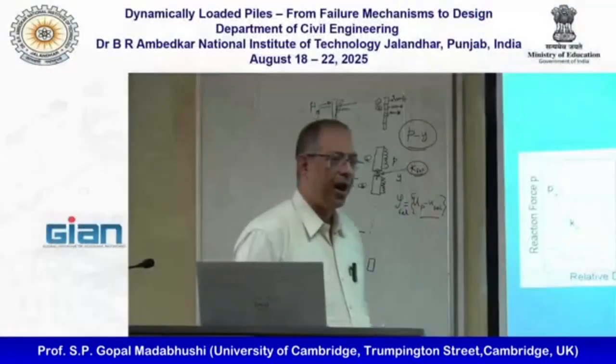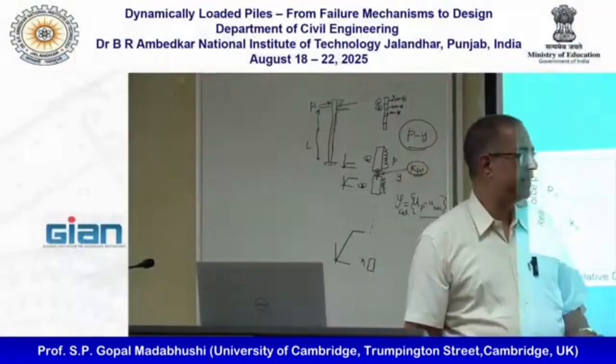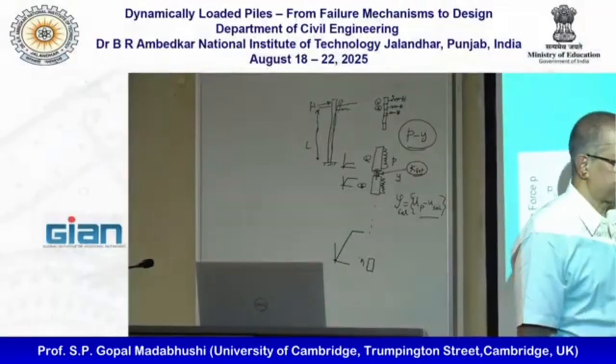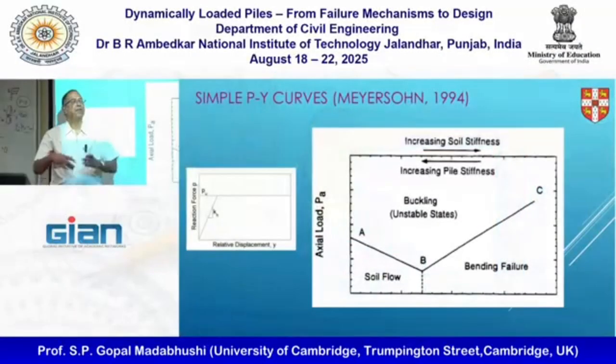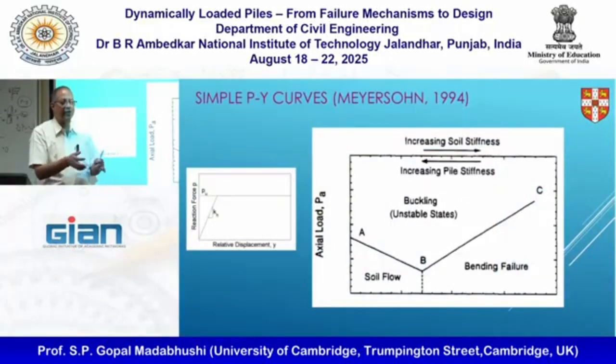Okay, now we can put this in the context of the different failure mechanisms we looked at. I've been showing for the last 2 days, and I'll show some more again, how pile foundations can fail.